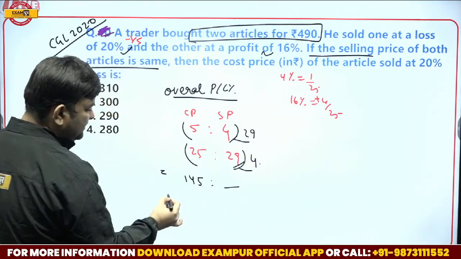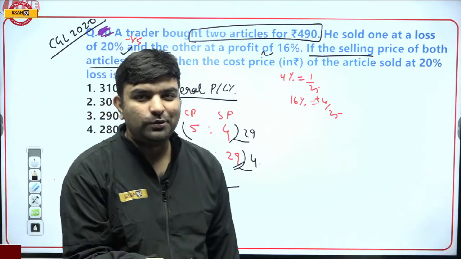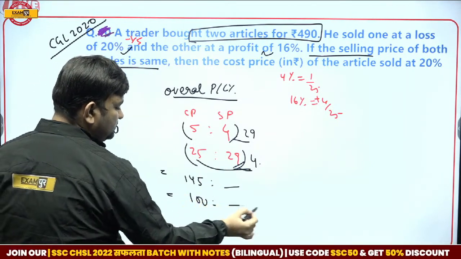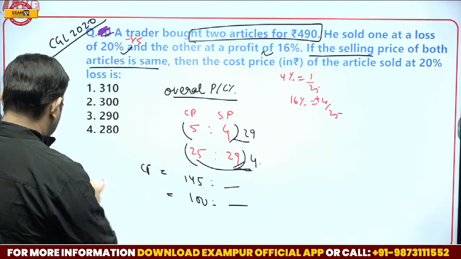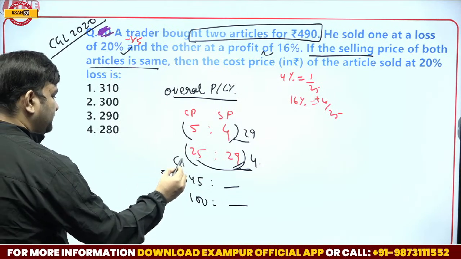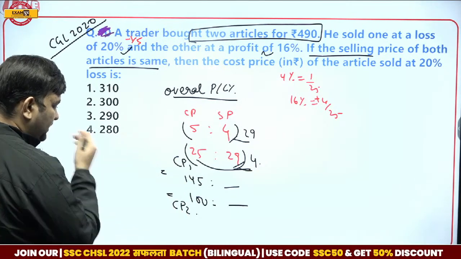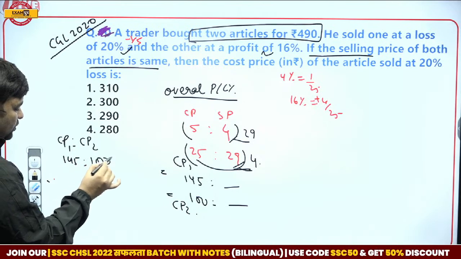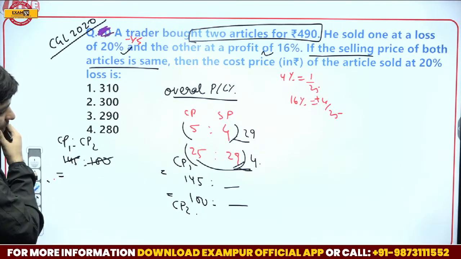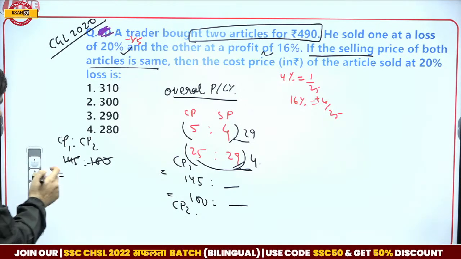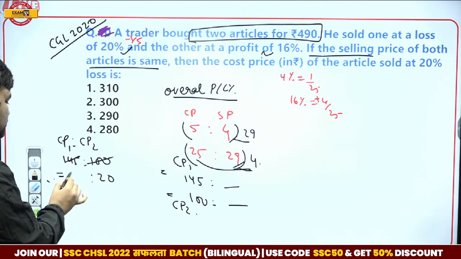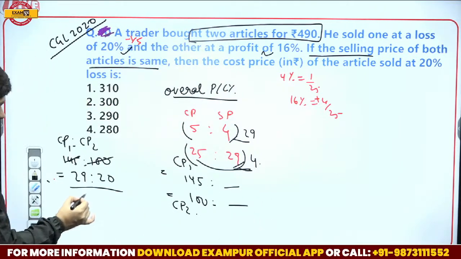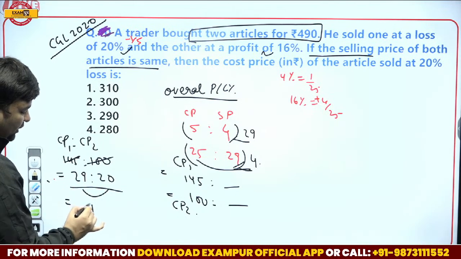If you want to multiply, do it, otherwise not required, because we are only interested in what ratio the CPs are. The CP of the first article and the CP of the second article is in the ratio 145 over 100. 5 simplifies 20 times, 5 simplifies 29 times. So 29 ratio 20.